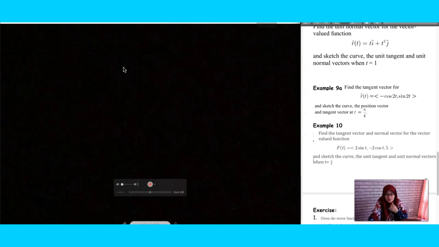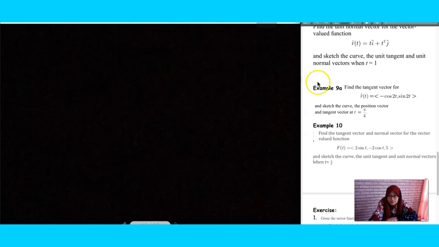Okay, so in the next example, we have example 9a. Find the tangent vector for a given vector function. Let me adjust first.